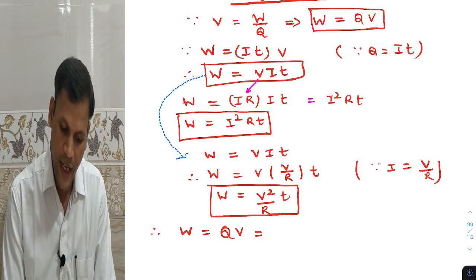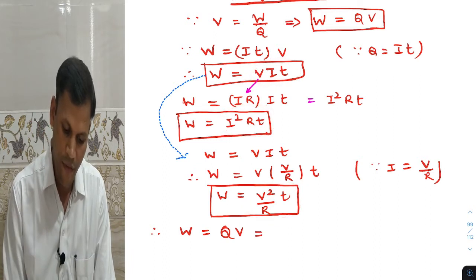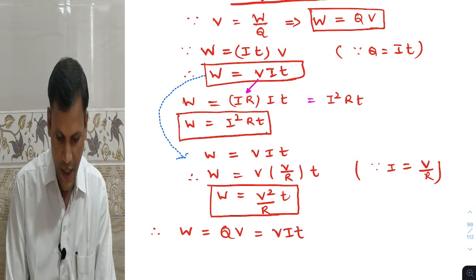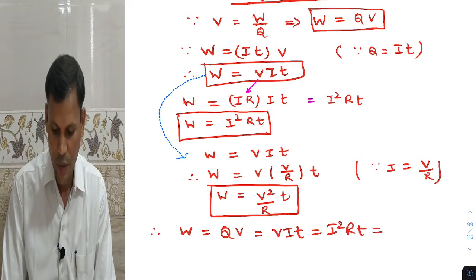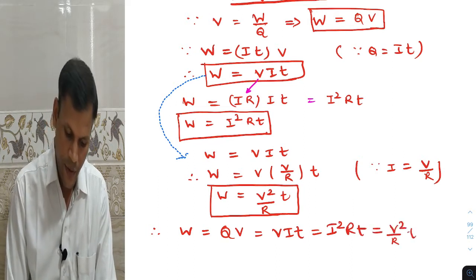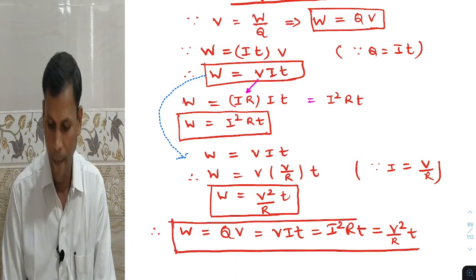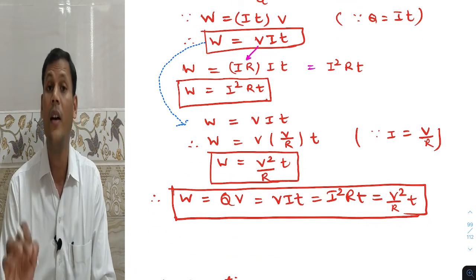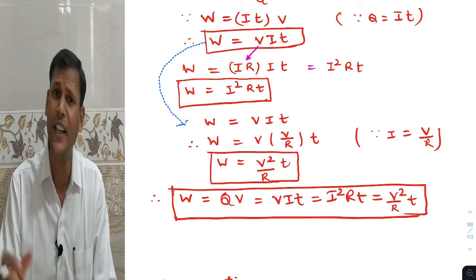Second is VIT, then I square RT, then V square T by R. So every term we can write: QV, then VIT, then I square RT, then V square by R into T. So these are all the formulas we have. These are all the formulas for the electrical energy, in different forms.